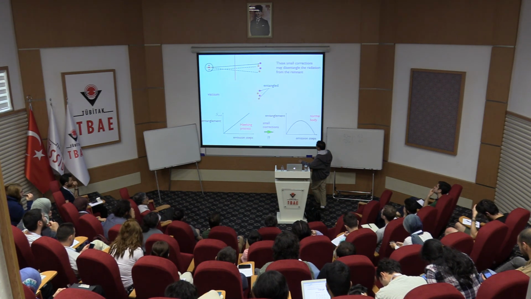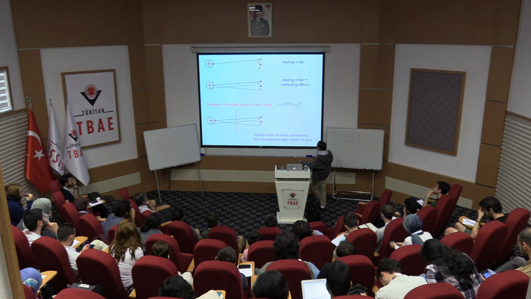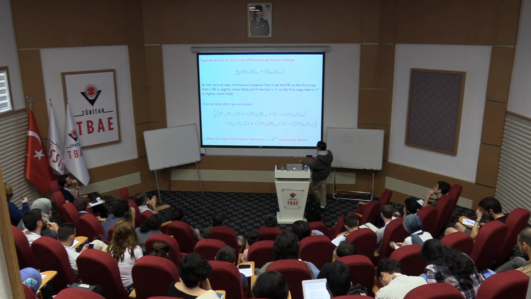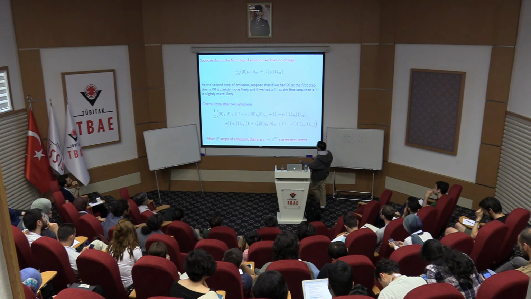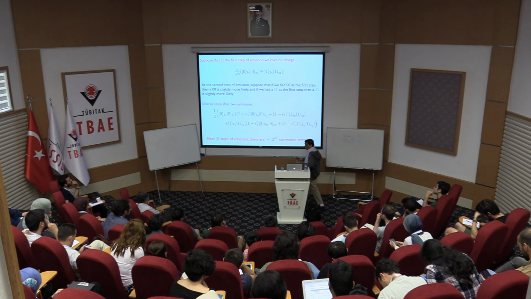Let me see where I drew that. Right, so if at the first step, the pair B1, C1, suppose it came out in 0, 0, or it could have come out in 1, 1. If it came out in 0, 0, the second pair state I'm changing in one way. If it came out as 1, 1, the second pair, the B2, C2, I'm changing in a different way. See, I made epsilons into epsilon primes. So the second pair can depend on the first pair. I'm allowing all that.